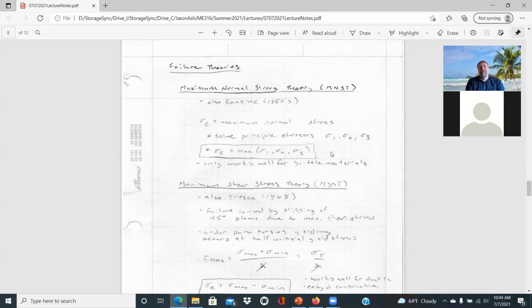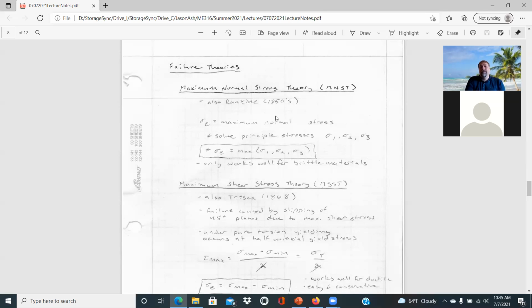What they found is that the Rankine failure theory, maximum normal stress, really only works well for brittle materials. Brittle materials tend to fail due to the normal stress loading condition and not shear, essentially because of the cracks that occur in there. And then in tension, those cracks get pulled apart and cause that failure to occur.